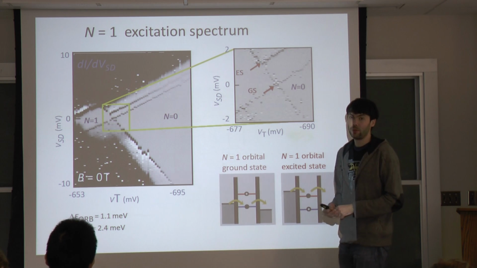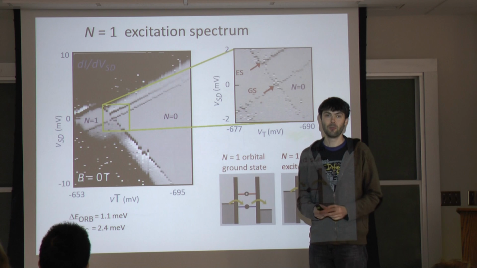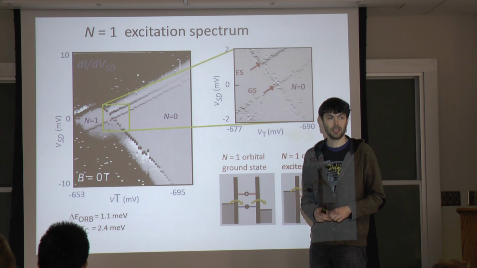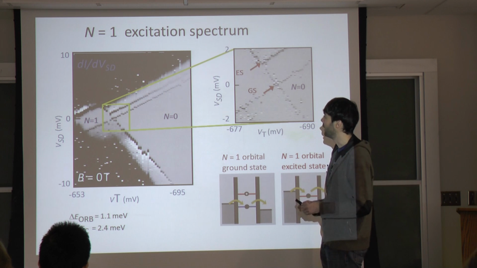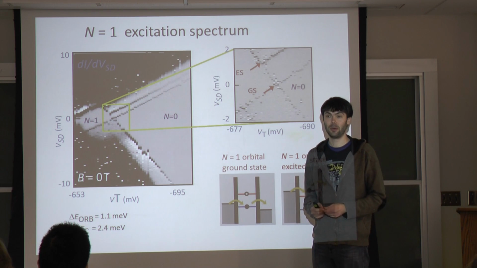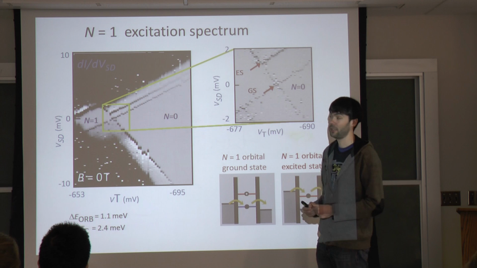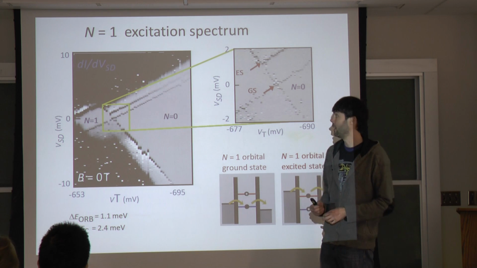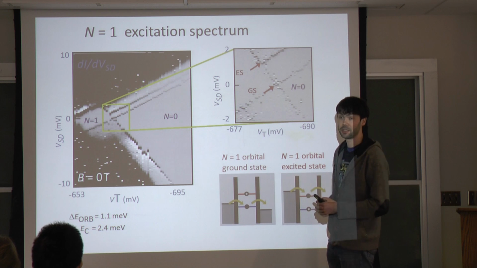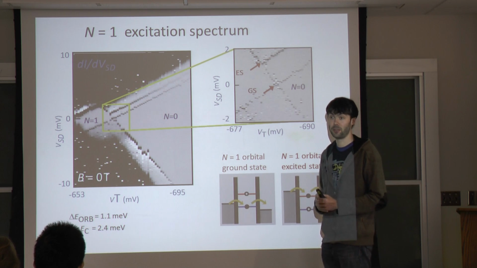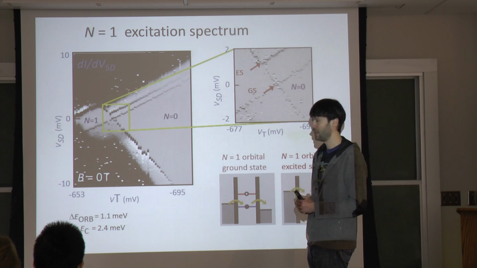First we pick up where we left off last time. We'll review once again basic spin states of a single electron in a quantum dot. This quantum dot is made in a gallium arsenide, aluminum gallium arsenide two-dimensional electron gas by gates.